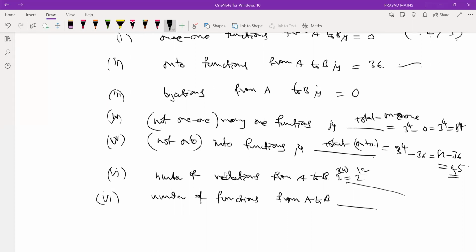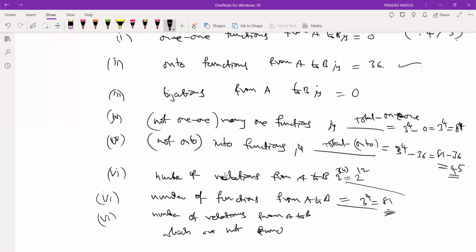Number of functions from A to B: 3 power 4, 81. Number of relations from A to B which are not functions.